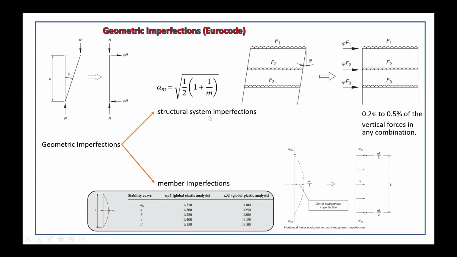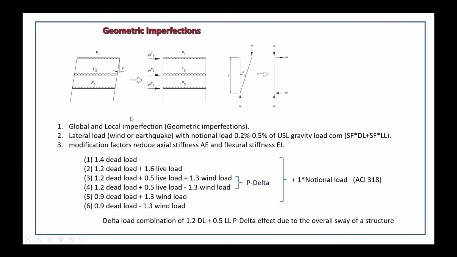For the structural system or global imperfection, you can apply the notional load, varying from 0.2% to 0.5%, of the load combination, the gravity load, the ultimate load combination gravity load. The global and local imperfection is the geometric imperfection. This one is for the global, this one for the local.